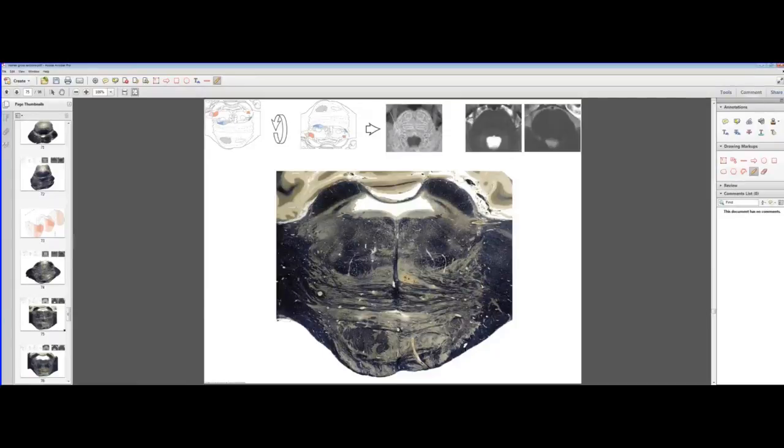If you draw a line from the sulcus limitans, you have the alar and basal plate. The motor nuclei are on the basal plate, and the sensory nuclei are on the alar plate.